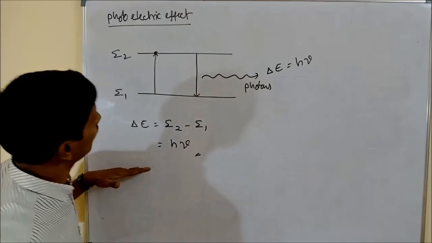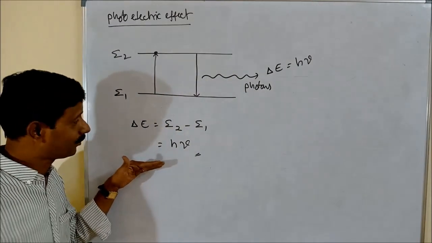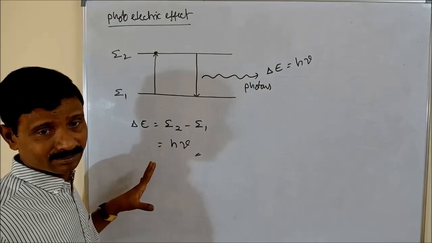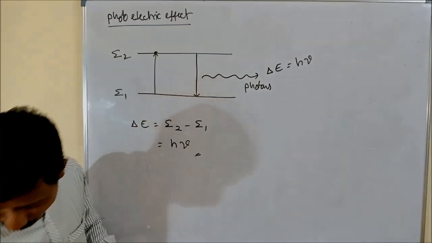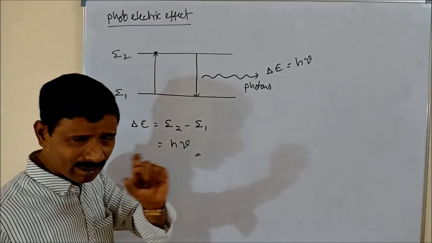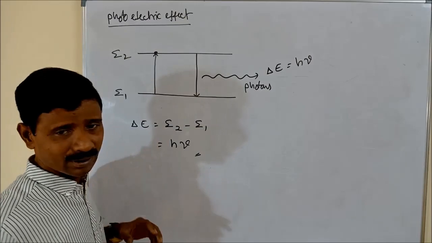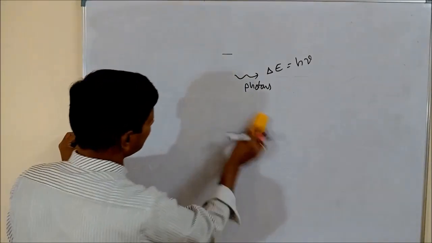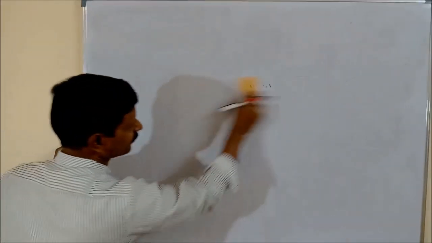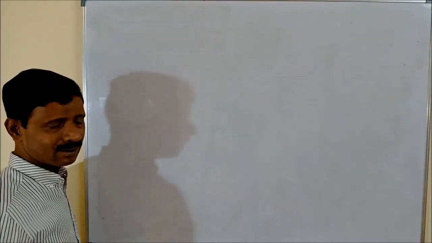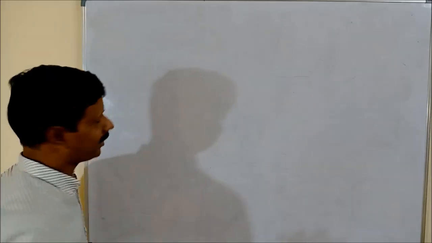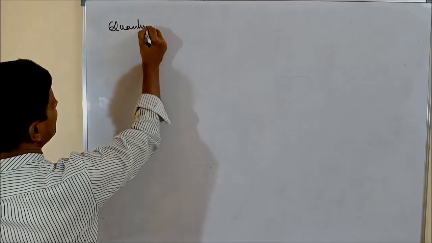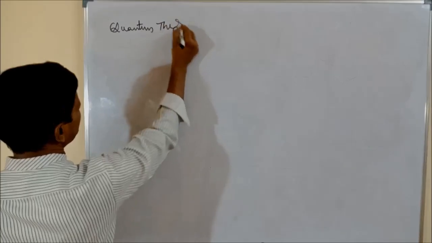So that is regarding the concept of the photoelectric effect. Now, after this, let us recollect the quantum theory. In a simple statement, I will conclude that according to quantum theory, the energy emitted from a black body is in the form of quanta.